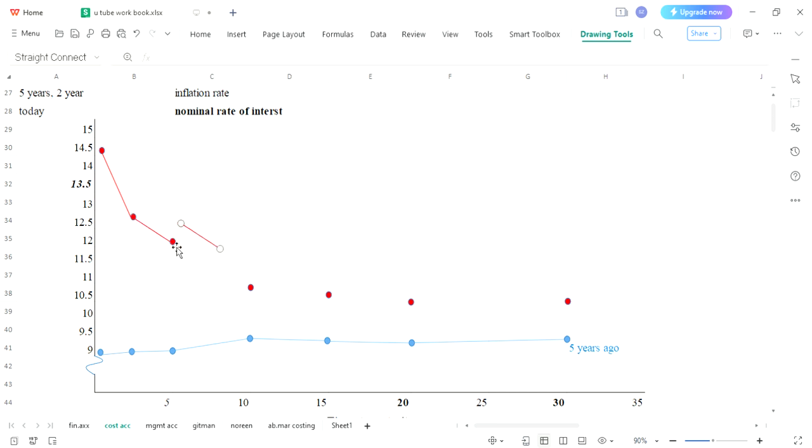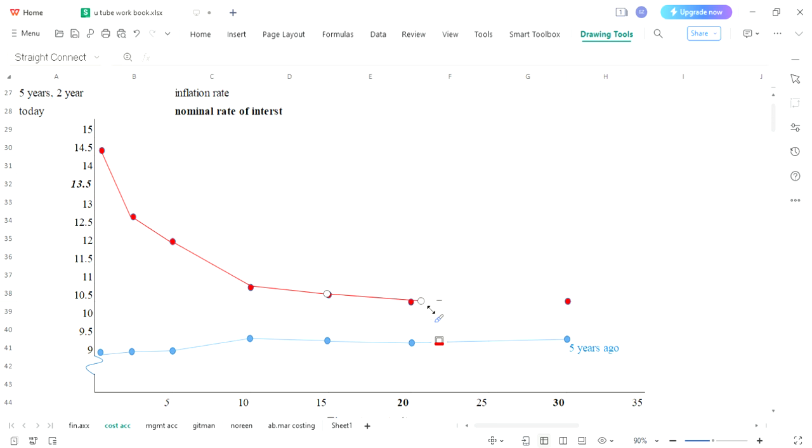Okay, step by step we will be performing this function in a similar way, joining the previous point to the next point, and in the same way you are going to connect 10-year with 15-year. The next target is to join rates of 15 years with rates of 20 years.